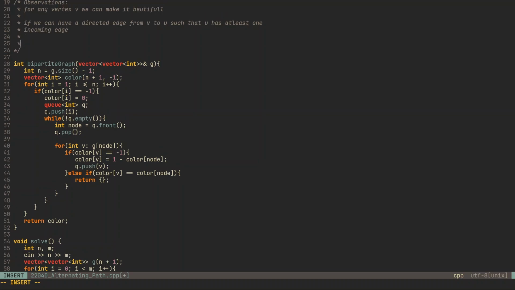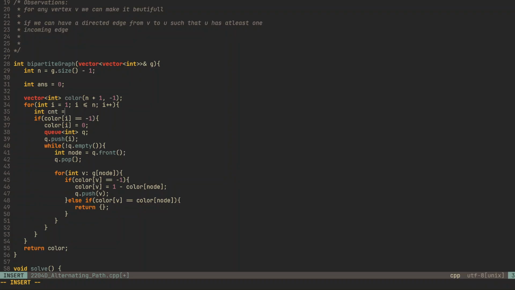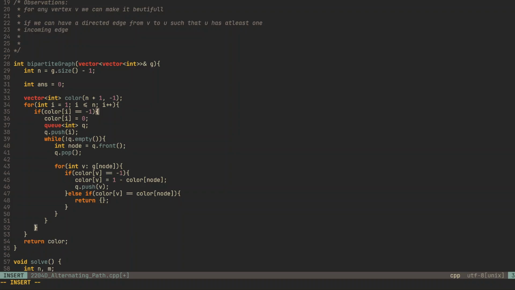Okay, so we have to remove this array. No, we don't have to remove this array. We are using this, so we just create a new variable answer. Here we will initialize a count. Not here. Here.